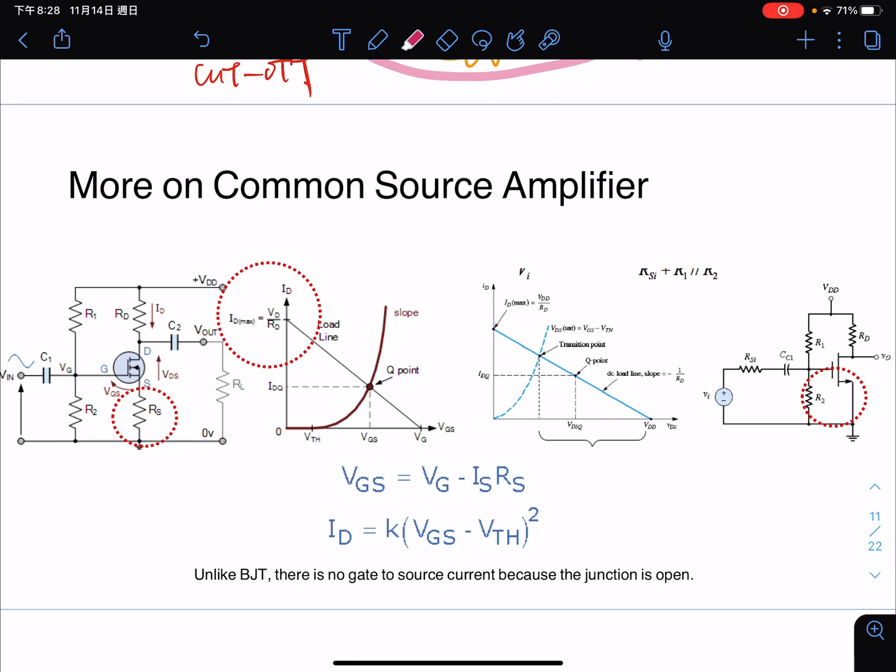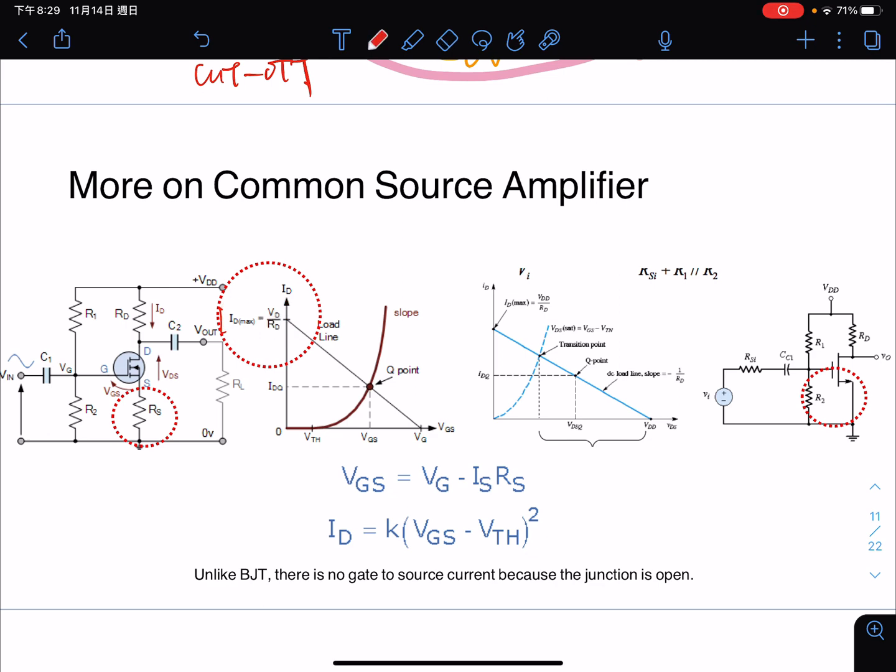Okay, and if you see the reference I provide to you, we can see that we can determine the Q point by using the load line technique. But this curve has something not very correct. I especially marked it and explained it to you.